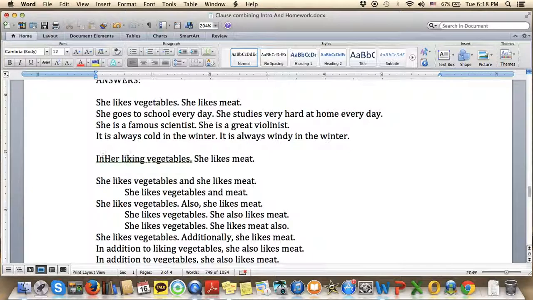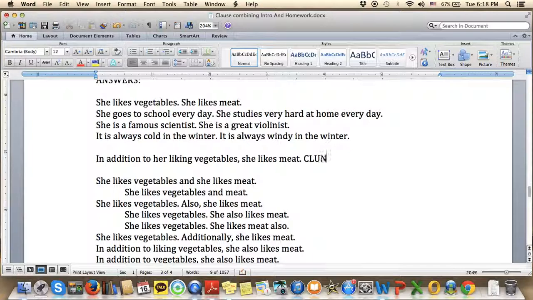So, in addition to her liking vegetables, she likes meat. There we go. Technically, this would be okay, but it's a little bit clunky.